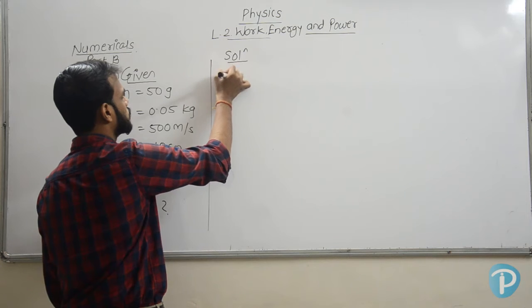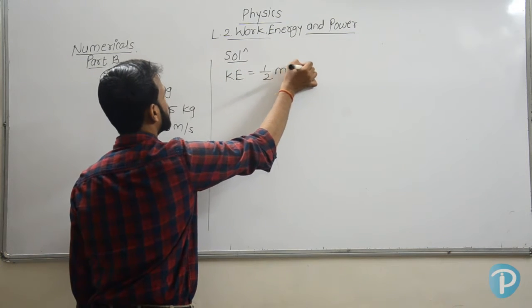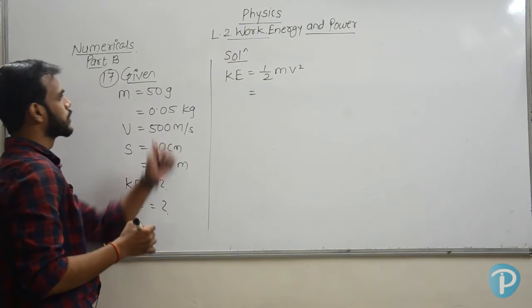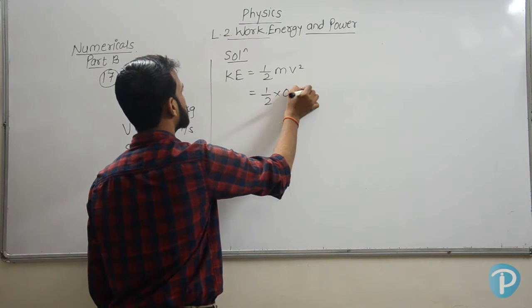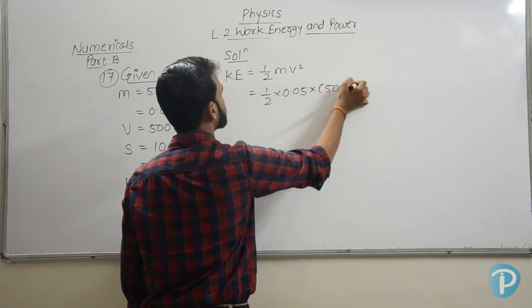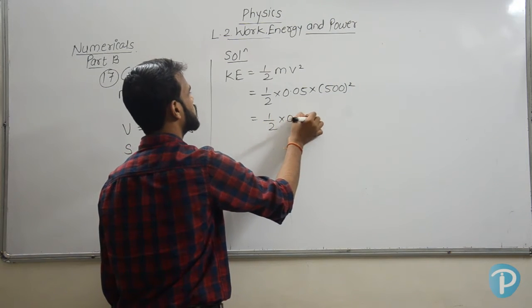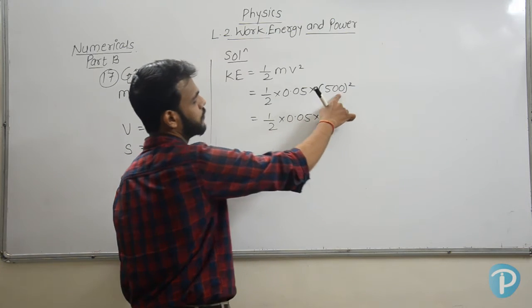So we'll solve first the kinetic energy, which is half mv square. Both the values we have, so we can calculate directly. Mass is 0.05 multiplied by velocity 500 square. So it will be half into 0.05 into 5 square is 25, and we have two zeros.